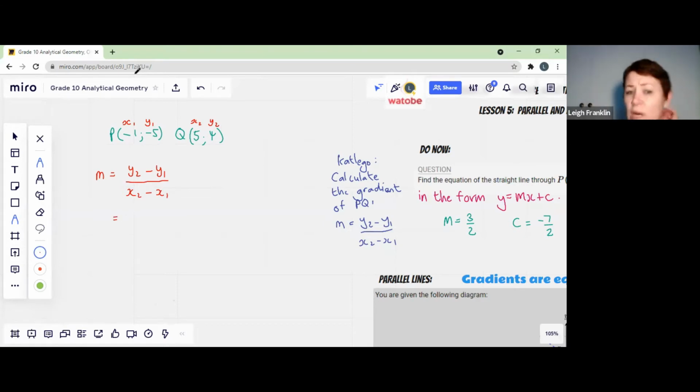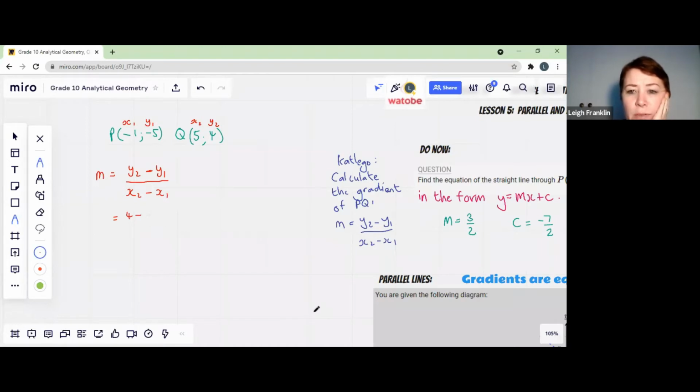So in the place of y2, Katlego, what should I write? Indeed, 4, good. And then I've got to write the minus, like the minus inside here. And then in place of y1, what should I write?